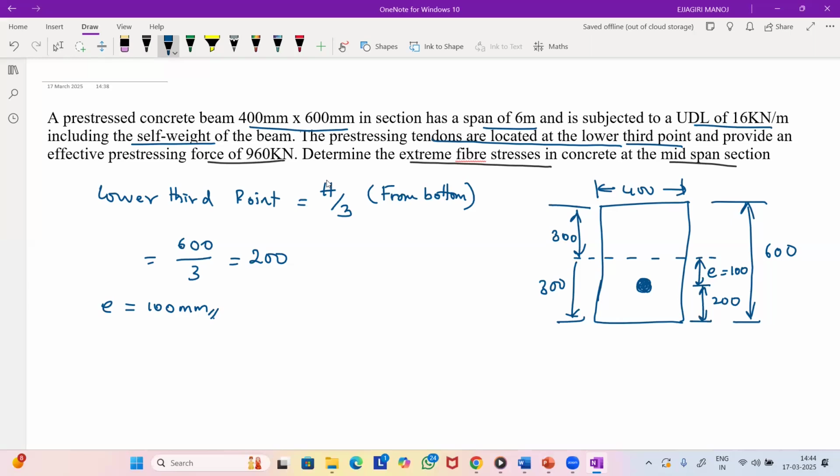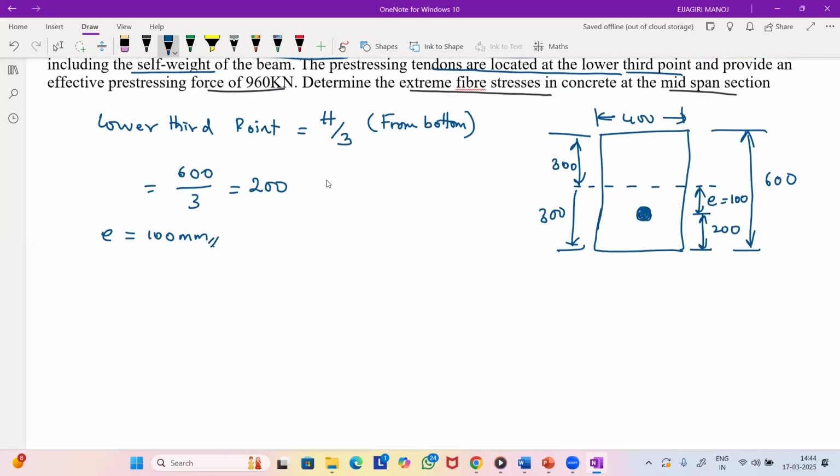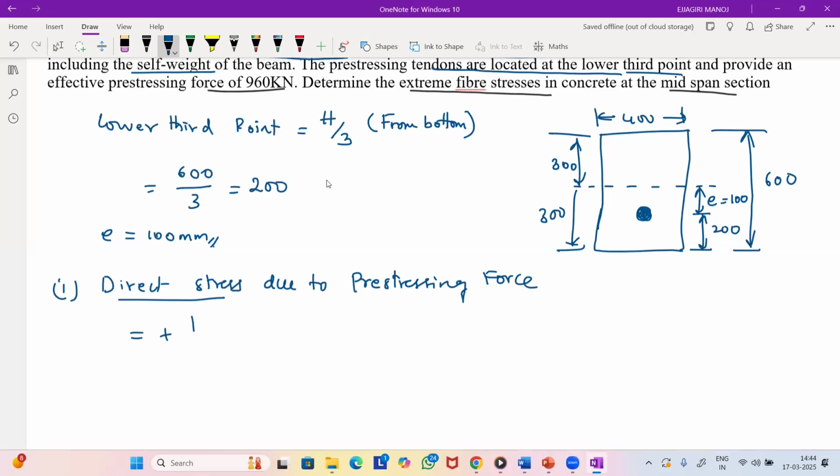Okay. Now let us calculate the stresses. So the first one, we need to calculate the direct stress due to the prestressing force, right? So formula we know, plus P by area of concrete. Force divided by area. Okay.